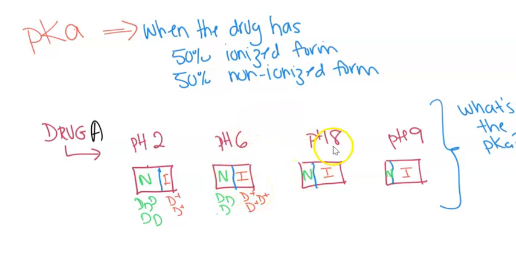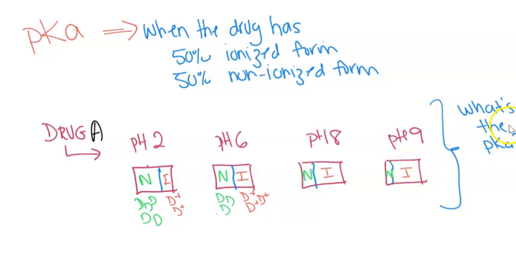If I put it into an area that is a little more basic, there are lots of ionized drugs and not so many non-ionized drugs. Non-ionized refers to no charge; ionized refers to charge. If I put it even more basic, at a pH of 9, we're getting even fewer non-ionized drugs and more ionized drugs.